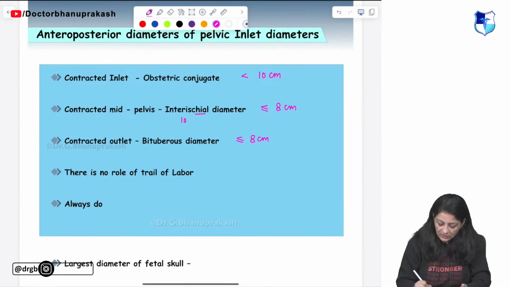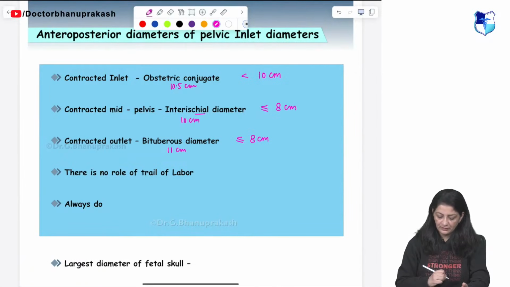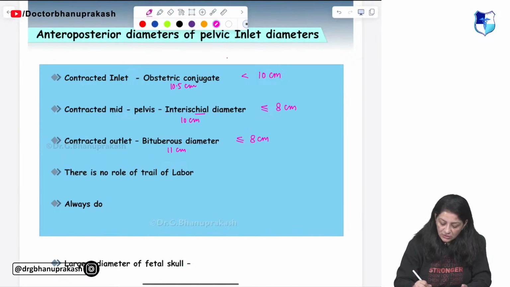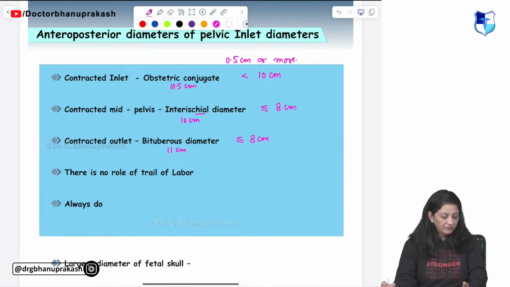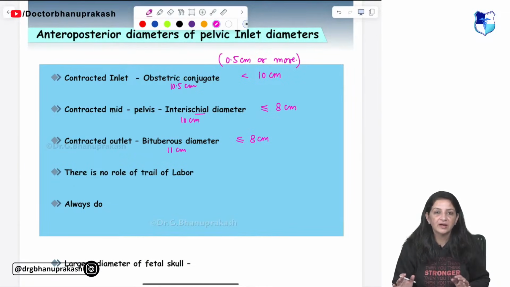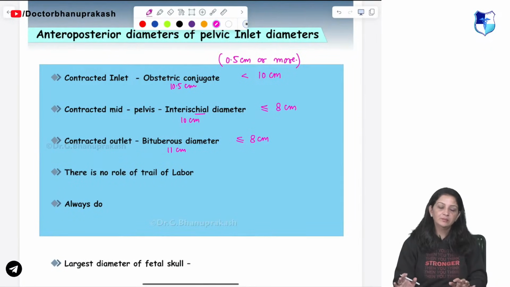So normally this one is 10 centimeters, this one is 10.5 centimeters, and the bituberous diameter is around 11 centimeters. If the major diameters are shortened by 0.5 centimeters or more, this is called contracted pelvis.